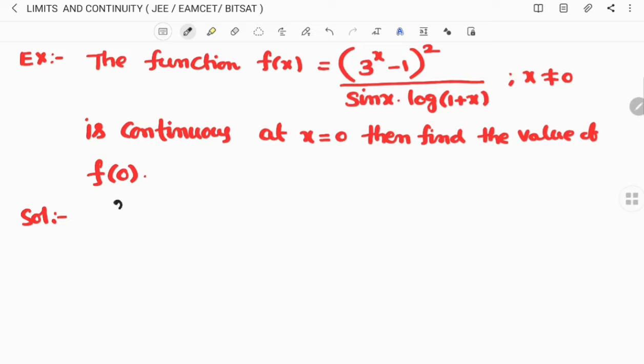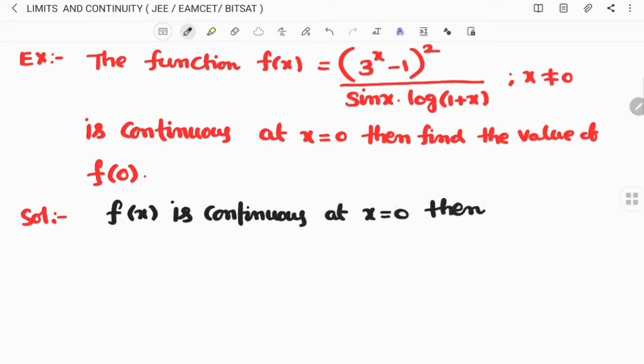So we know that f of x is continuous at x equal to 0, then limit x tends to 0, f of x is equal to f of 0. They are asking to calculate f of 0 only, no? So to get the f of 0 value, we need to find the limit x tends to 0 of the function f of x.